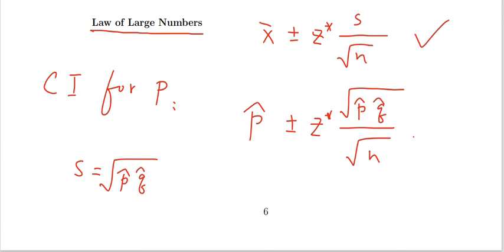So logically, this star should be T star, right? But because usually this n is quite big. If we do a survey with yes or no questions, then n should be big.